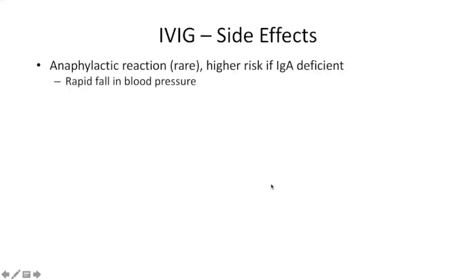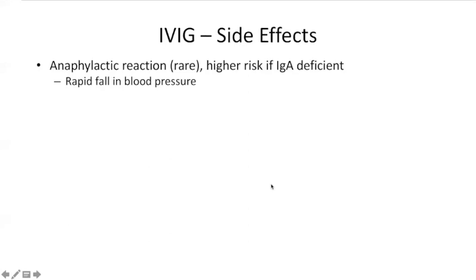Another rare side effect that can be seen with IVIG is a very severe type of allergic reaction called an anaphylactic reaction. This is particularly a higher risk if someone has a particular condition where they don't have an immunoglobulin called IgA. And the reason for this is because when they receive their IVIG, that might be the first time they get exposed to IgA, and then their body reacts to that as a severe allergic reaction.